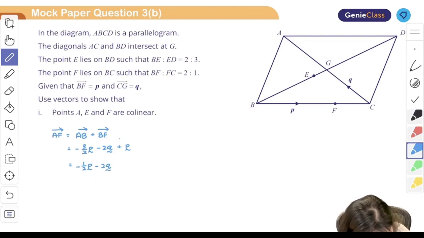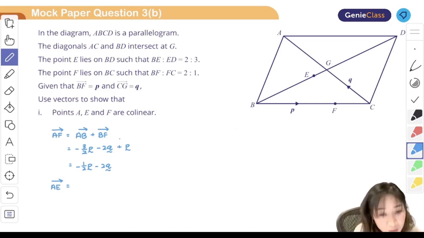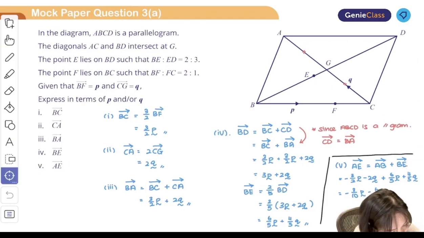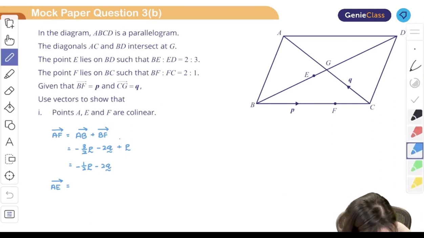Then, let's find vector AE. What would vector AE be? We did it in part 5 over here. So AE equals negative 3 over 10p minus 6 over 5q.